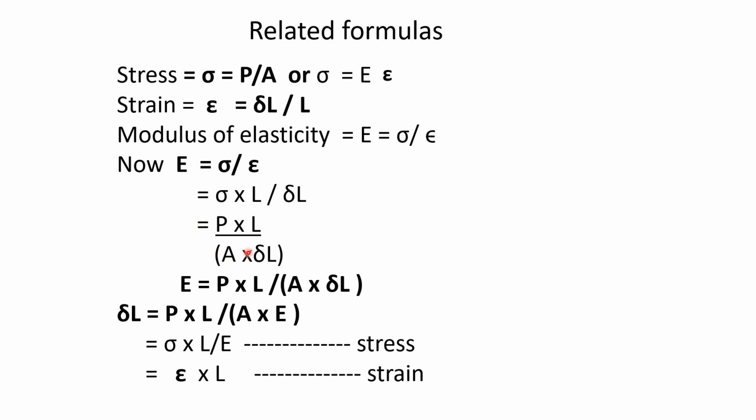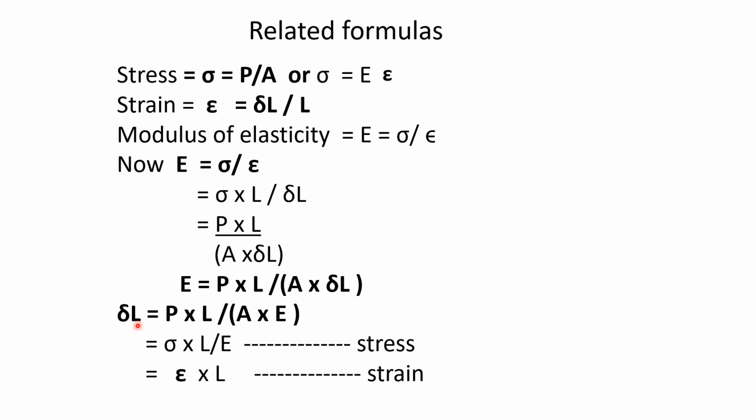So this becomes the formula for E. E is equal to P into L divided by A into delta L. Now if I want the formula in terms of delta L, I take delta L from here to the top, and E to the right hand side. So delta L will be equal to P into L divided by A into E. This formula, delta L is equal to PL upon AE, we will be using many times to calculate increase in length or decrease in length.